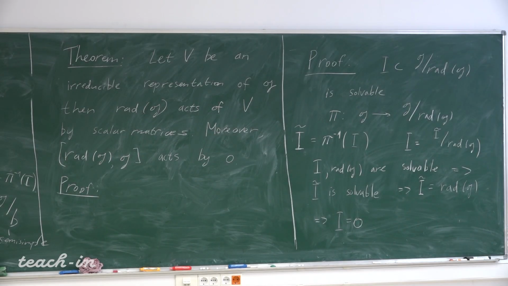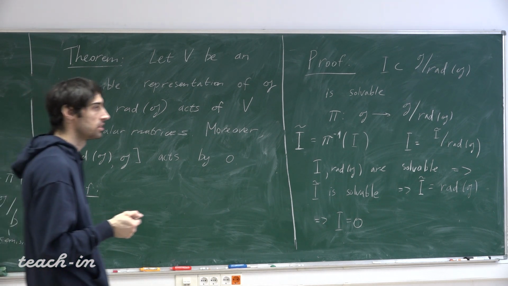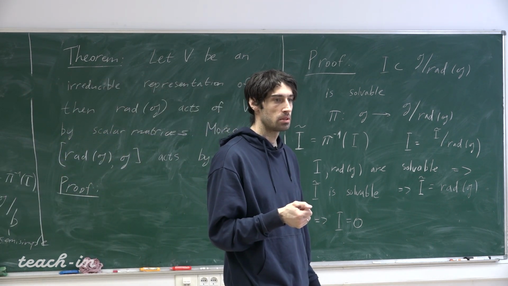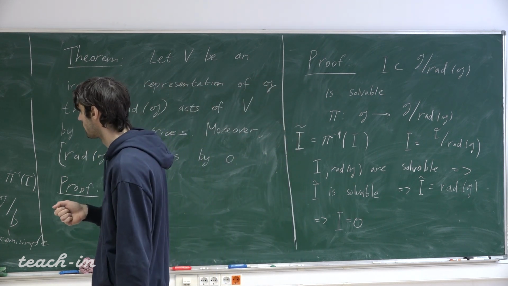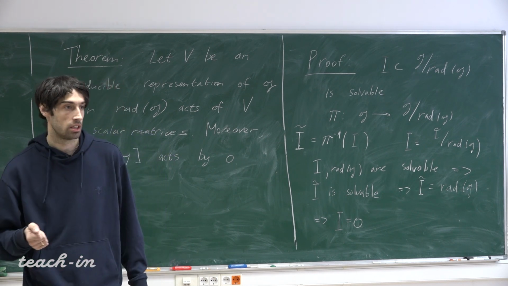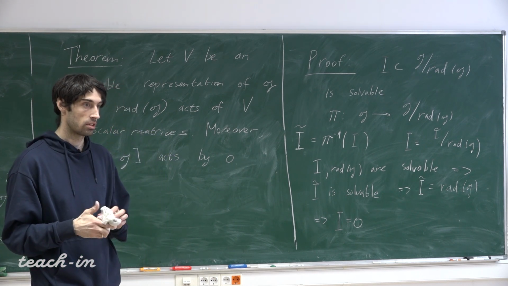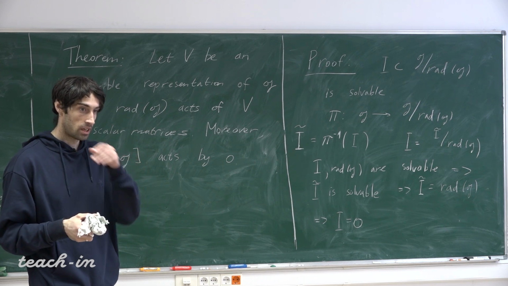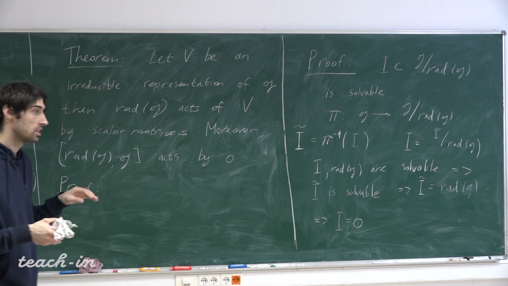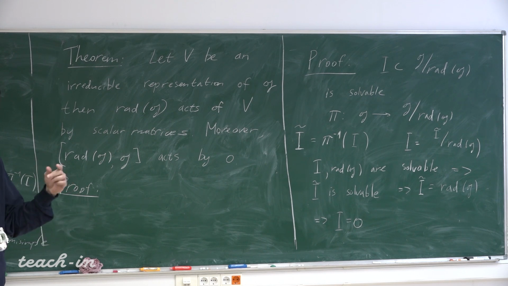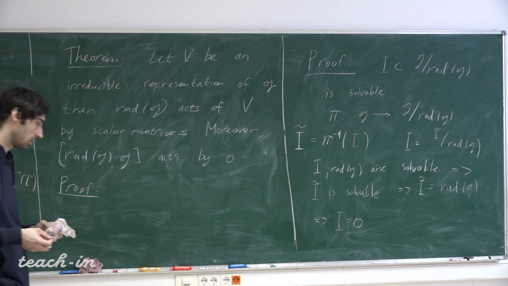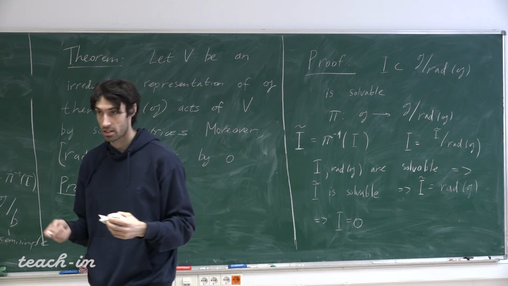Remember this lemma that we discussed when we discussed Lie's theorem: if I have a solvable Lie algebra, then in every representation I can find a common eigenvector for all elements in this solvable Lie algebra. This was the crucial step from which Lie's theorem followed. So now let us take this.